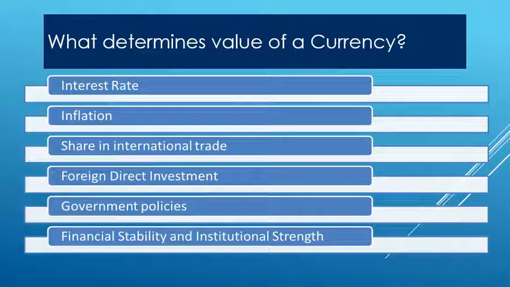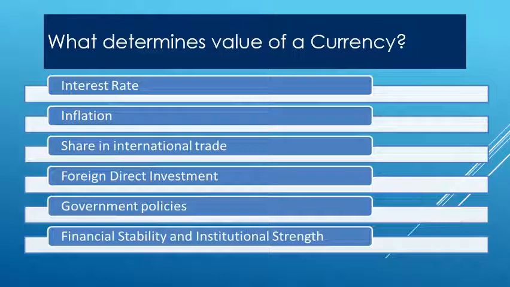So monetary authorities from time to time use tools such as changing the interest rate, or sometimes even buying financial assets, which can have an impact on the value of the currency. And finally, what matters is the financial stability and the institutional strength in a country.